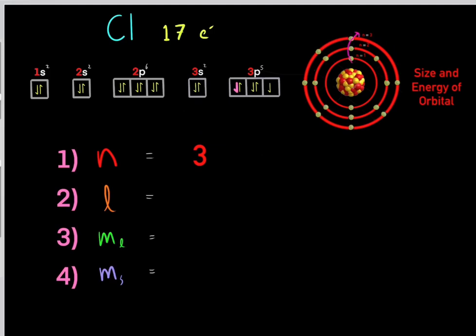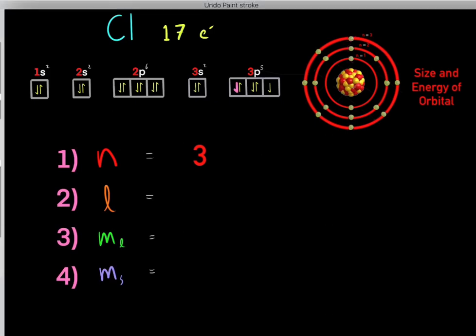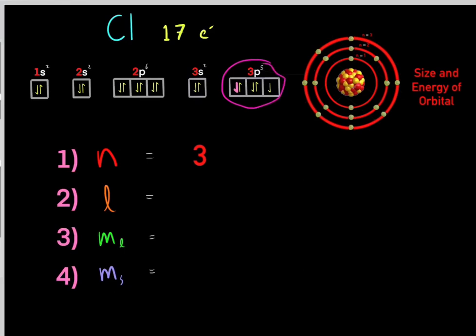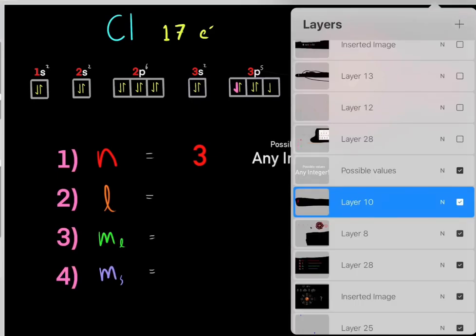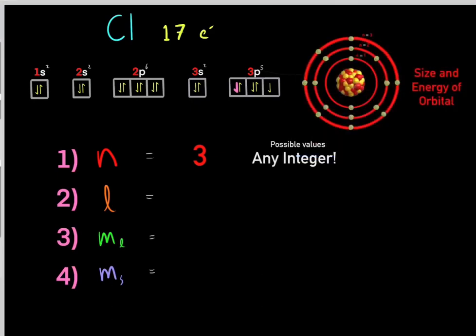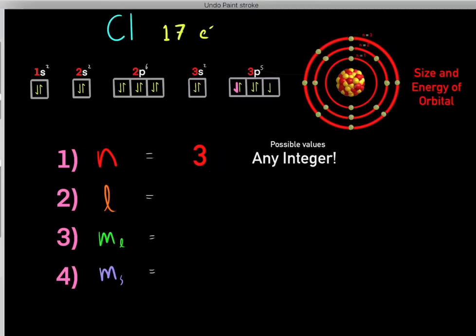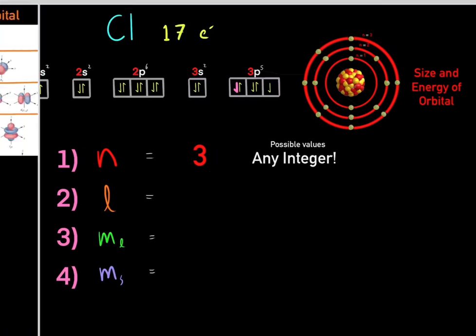And the larger the principal quantum number, the more energy there is in that particular electron orbital. But again, we see this particular electron is in the 3p orbital, so therefore this particular electron has a principal quantum number of 3. And something important to realize is that the possible values of principal quantum numbers are just any integer. So as long as your principal quantum number is an integer, you know this is a feasible quantum number.